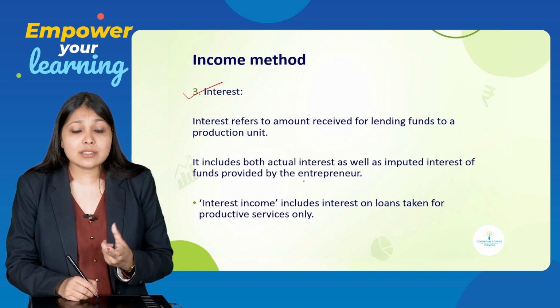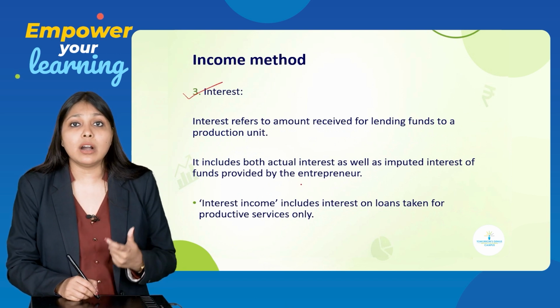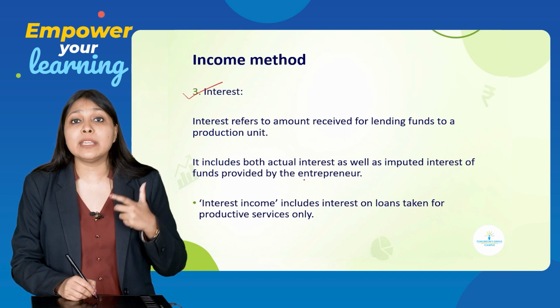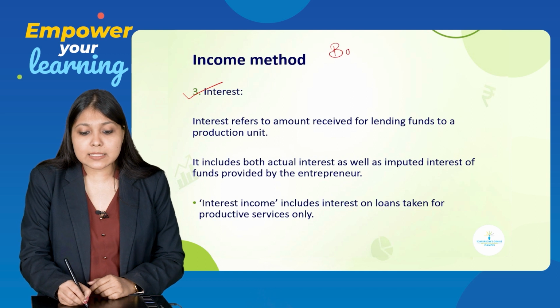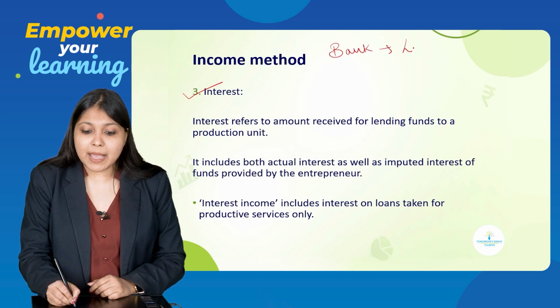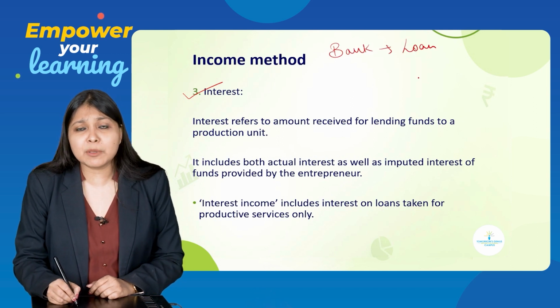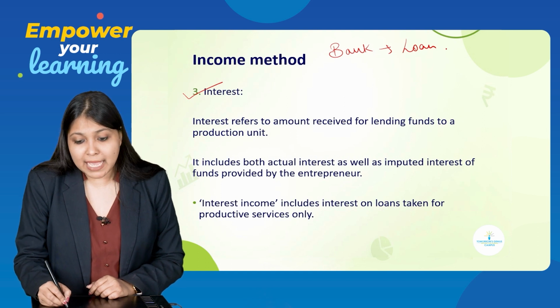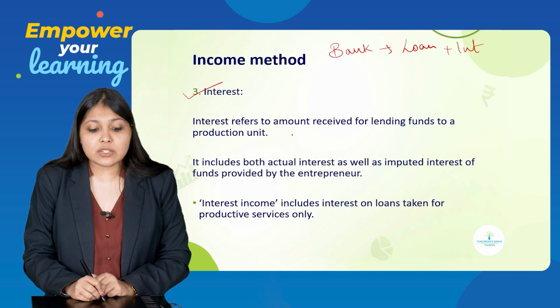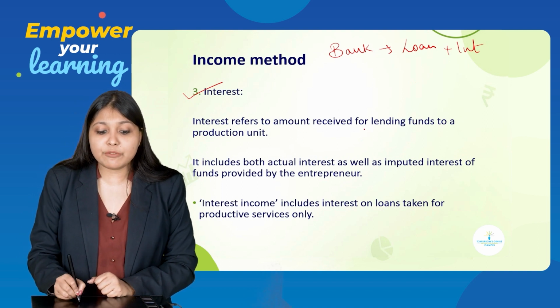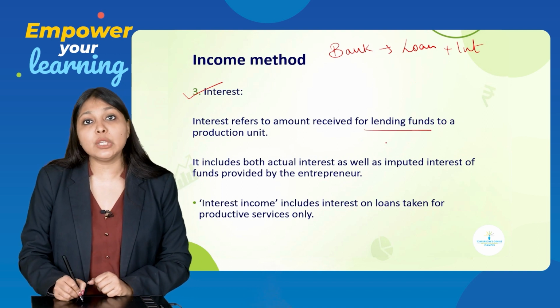Interest. Interest is what you pay on borrowing money from someone. If I go to a bank and ask for a loan, the bank will give me a loan, but will it give it for free? No. The bank will charge some kind of interest from me. So interest refers to the amount received for lending funds to a production unit.